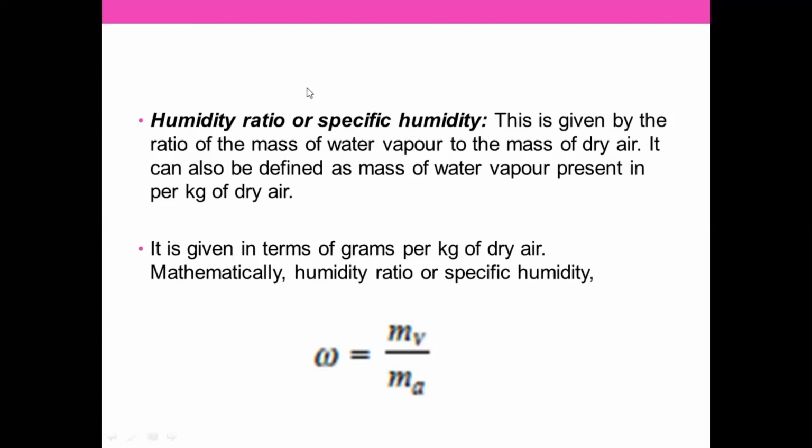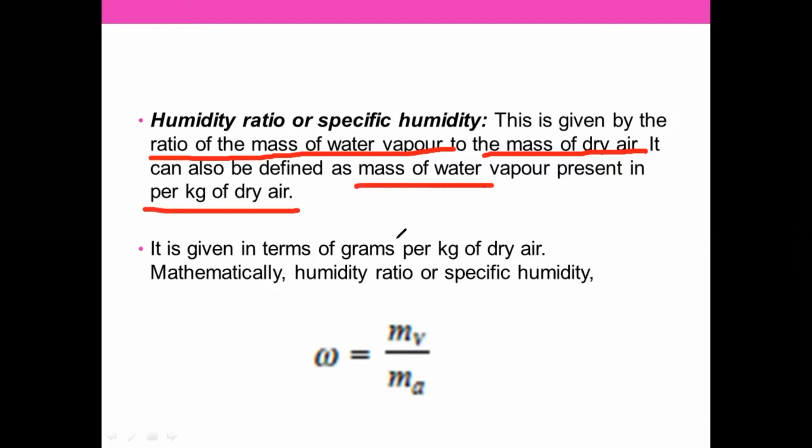It is nothing but the ratio of the mass of water vapor to the mass of dry air. It can also be given as the mass of water vapor present per kg of dry air. Okay, this is the humidity ratio.